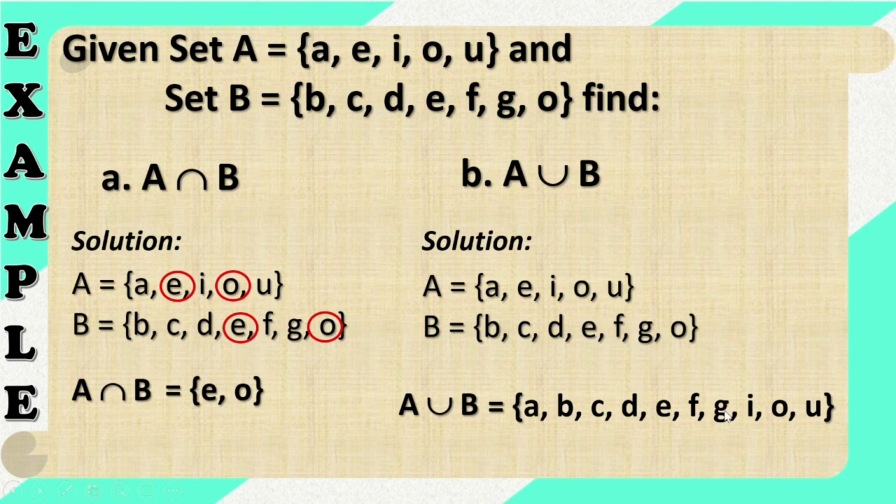F, G, I. So, yung O, dalawa din. So, isang beses lang isusulat. Then, U. So, these are the elements of A union B. Take note, dapat ang elements ay nakasulat siya alphabetically arranged and walang nauulit.